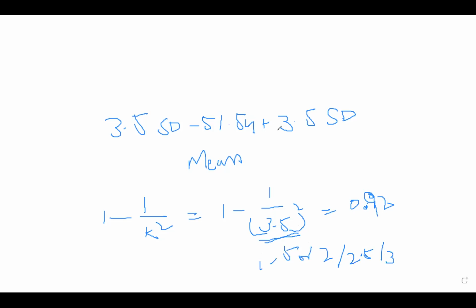We can find out the percentage of observations using any number of standard deviations. What we need to do is just take that many times the standard deviation. So for 3.5, we found that 92% of the values lie within plus 3.5 standard deviations and minus 3.5 standard deviations.